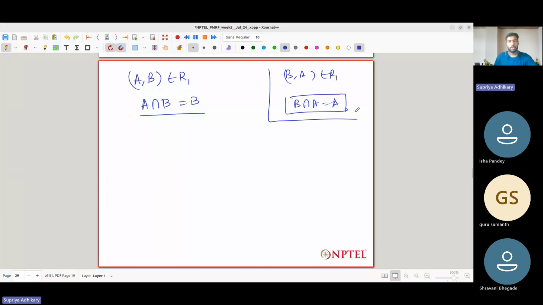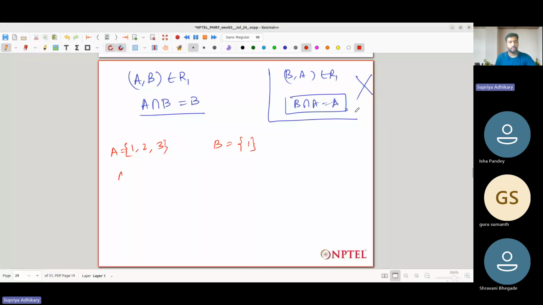But we can prove that this is actually not true. We can just take an example, and the example is very simple. We take {1, 2, 3} as A, and B is basically a singleton set, let's say {1}.